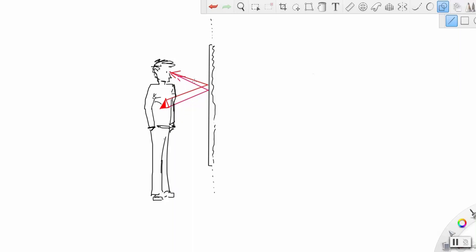And now what we can do is trace back the pink ray so that the person sees the object, but really what the person sees is only a representation of the object, an image, like so.